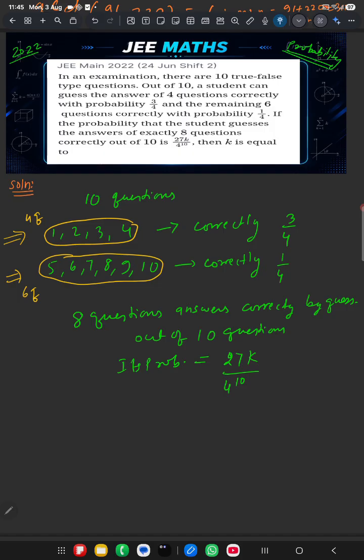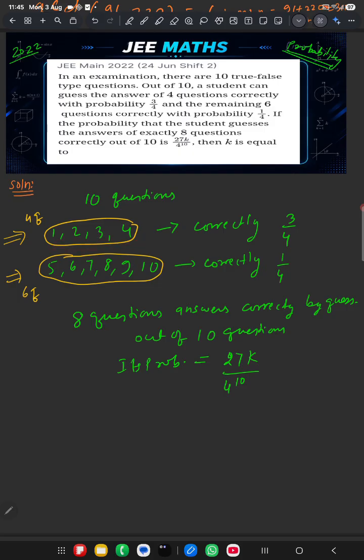So first of all, we will find the probability and then we will compare with this one and then we will find the value of k. According to your given statement in your question, there are 10 questions, and 4 questions are such that, suppose we are taking serial wise 1, 2, 3, 4, the first 4 questions.